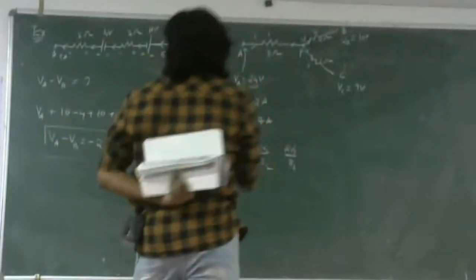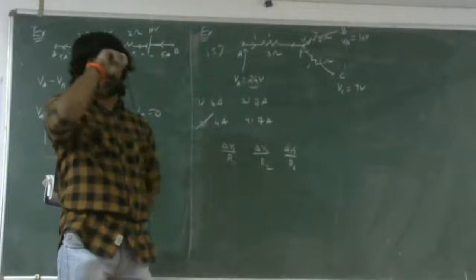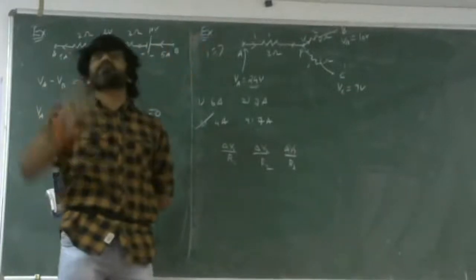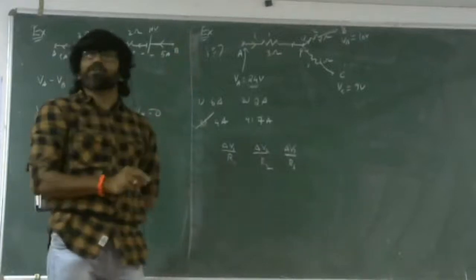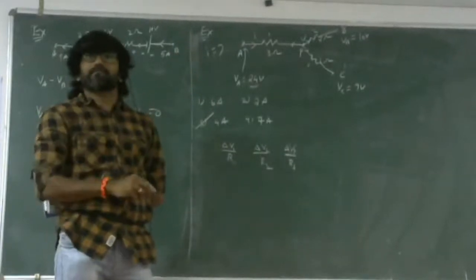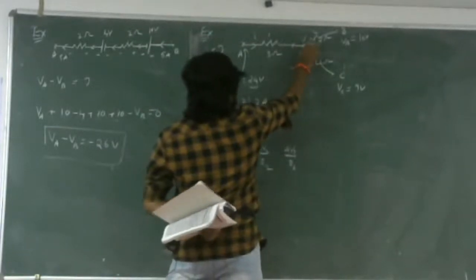Right? Otherwise, you can take it that the sum of the currents should be equal to 0, or I is equal to I1 plus I2. Either way you can take. If this is the junction, you can take I1, I2, I3.